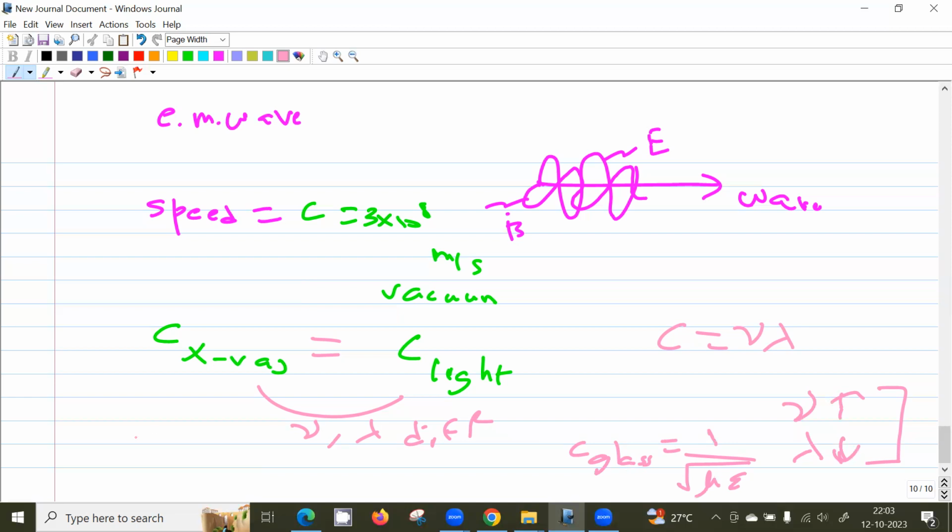For vacuum it is 1 by square root of mu naught epsilon naught, which is equal to 3 into 10 raised to 8. When I go to a different medium, mu naught will become mu and epsilon naught will become epsilon, so it will be different. So the speed will change because of the medium. But in that chosen medium, again the speed of X-ray and light or any other electromagnetic wave will be same.